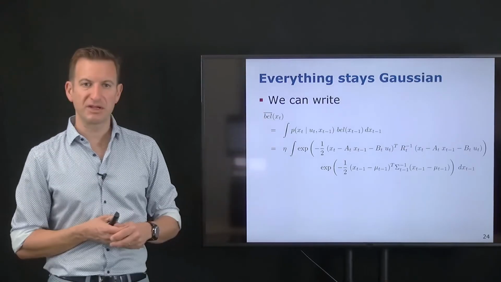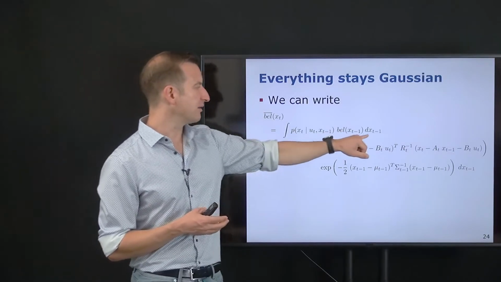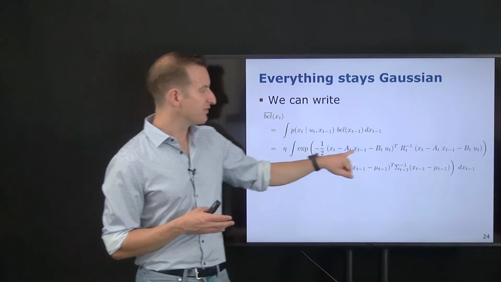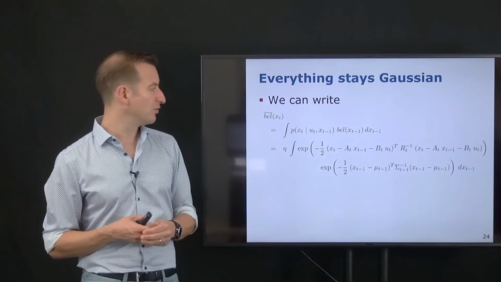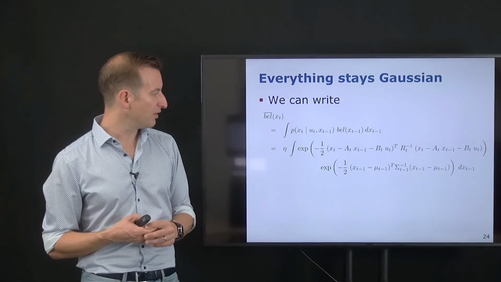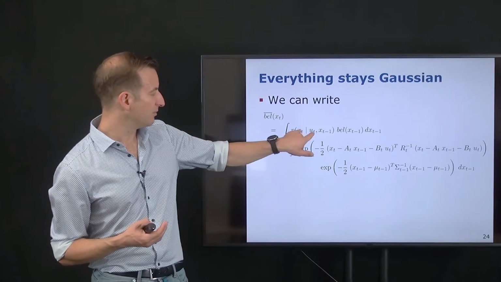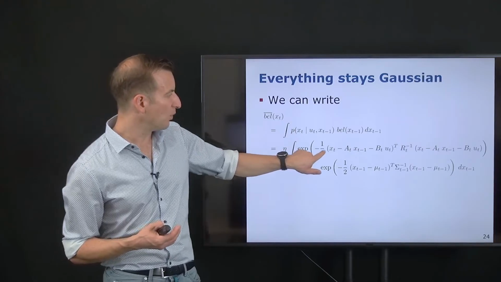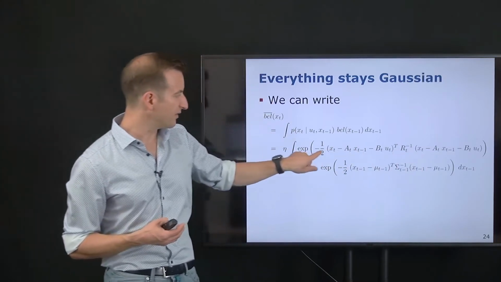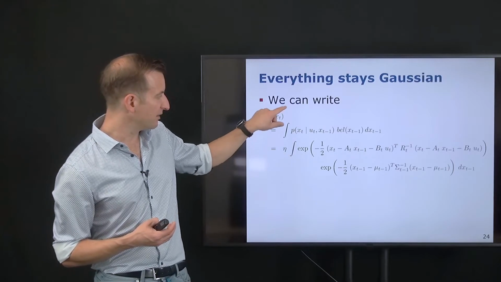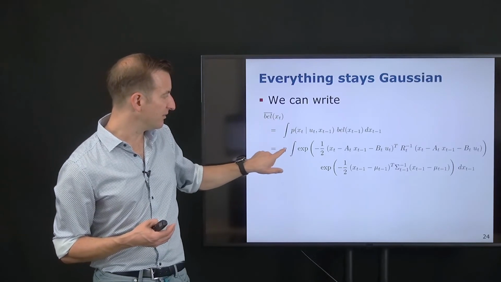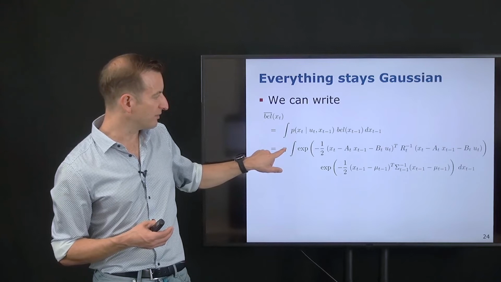We start with our predicted belief, just writing down the definition, and then filling in the individual two probability distributions based on what we had before, based on the definitions. So this is what we had shown before. This is our motion model. I'm just ignoring here the constant terms, so they are all in the normalization constant over here.